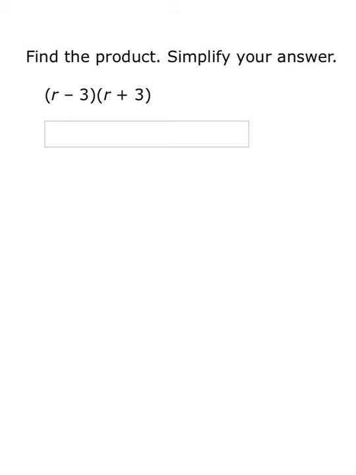This time I have r minus 3 times r plus 3. Okay, I'm not going to use the color coding anymore, so bear with me. We're going to start with the very first term and distribute it out to each term in the second parentheses. So r times r is going to be r squared. Then r times 3 is 3r.